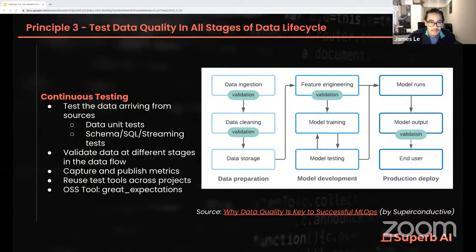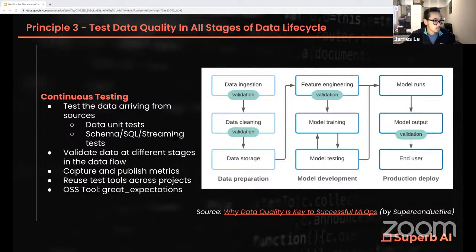The third principle is to test data quality in all stages of the data lifecycle. In practice, you want to test your data at the source by writing data unit tests or, depending on the data sources that your pipeline is connected to, you might want to write schema tests, SQL tests, or streaming tests. You then want to validate your data at different stages in your data flow.